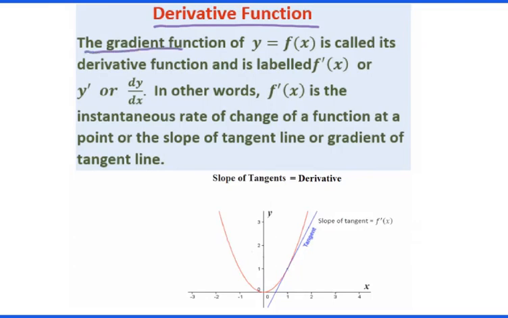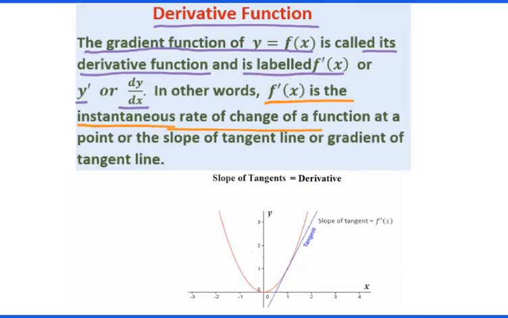Now let's talk about derivative. The gradient function of y equals f of x is called its derivative function, y prime, or dy by dx. In other words, the derivative of f of x is the instantaneous rate of change of a function at a point, or the slope of a tangent line, or the gradient of a tangent line.